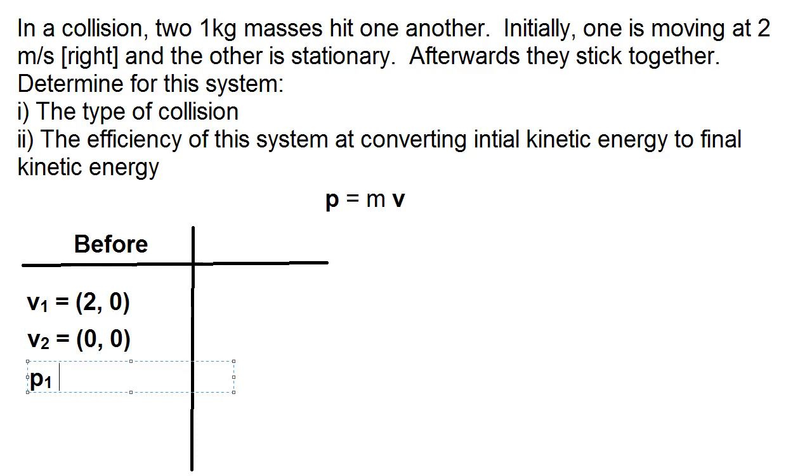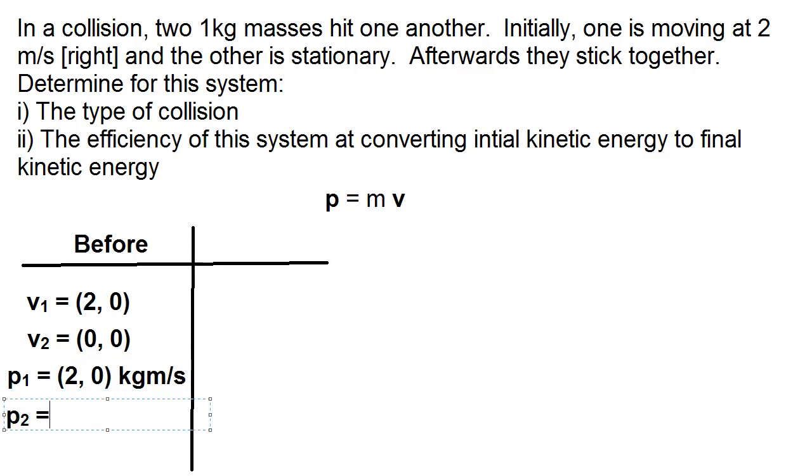So in base SI units, my first momentum will not change numerically, but it will change in terms of the units. Right? It'll be in kilogram meters per second because we're just multiplying it by 1 kilogram. And for the second one, my momentum here will just be 0. And you can put the units in or not, it doesn't really matter.